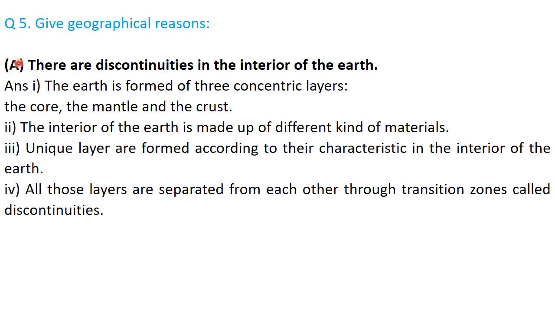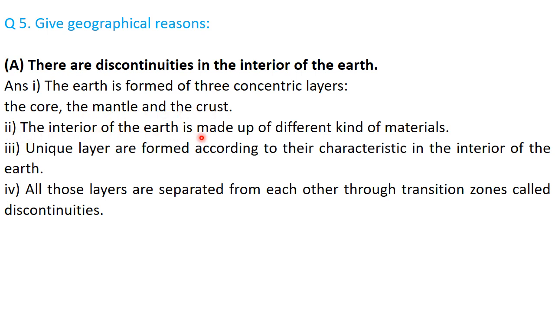Question number 5. Give geographical reasons. A. There are discontinuities in the interior of the Earth. Answer. Point number 1. The Earth is formed of 3 concentric layers: the core, the mantle and the crust. Point number 2.